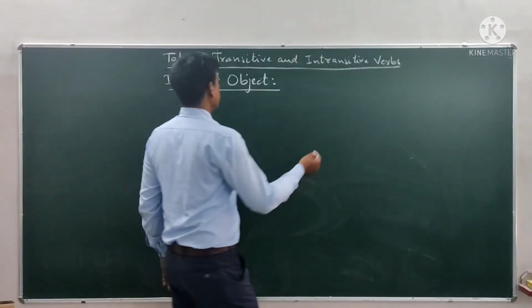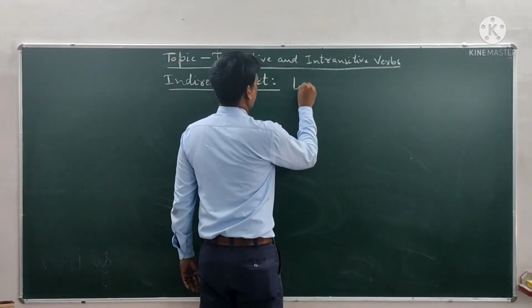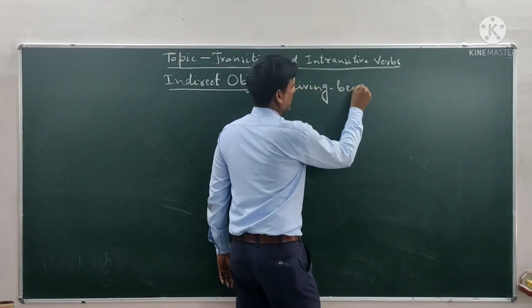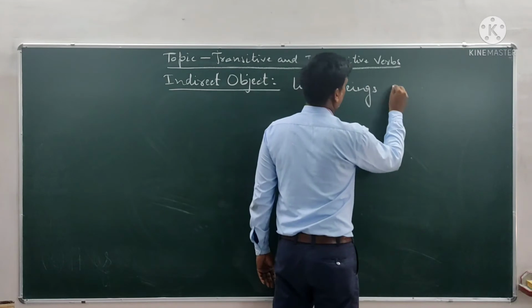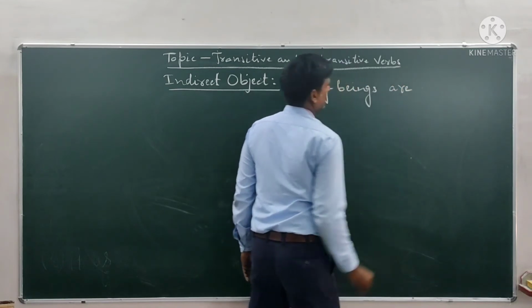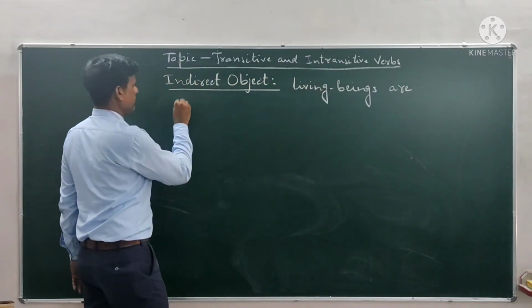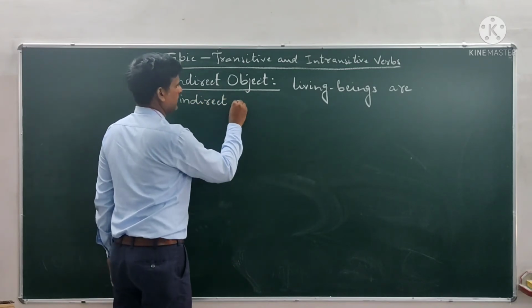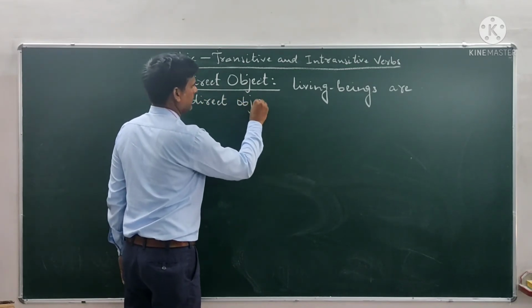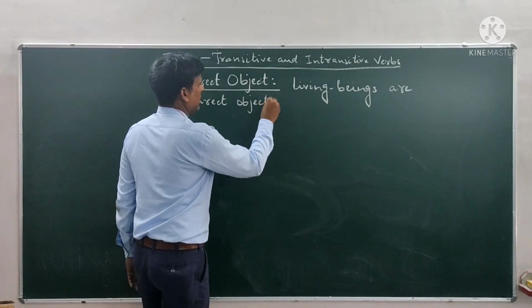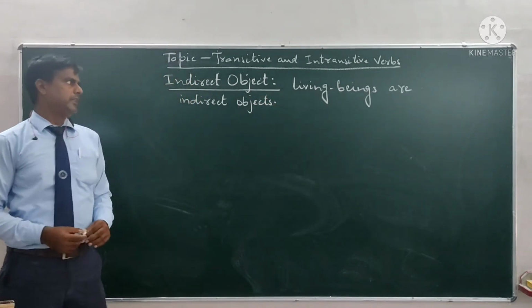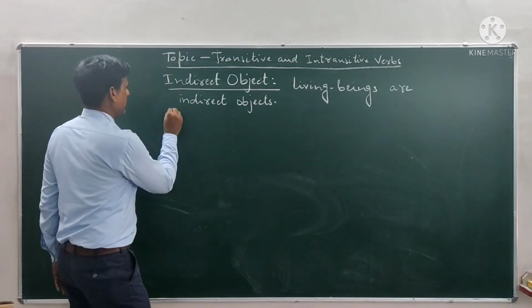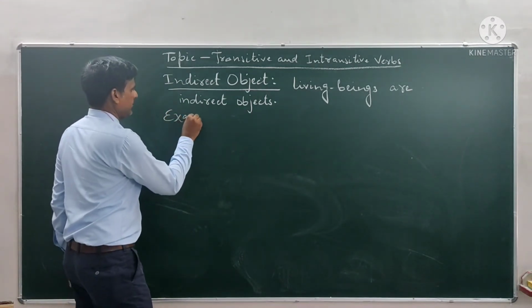So we can see that living beings are indirect objects. Let us see the example.